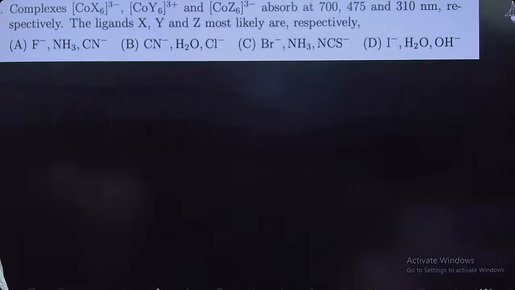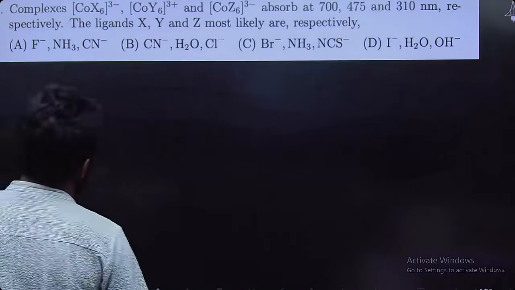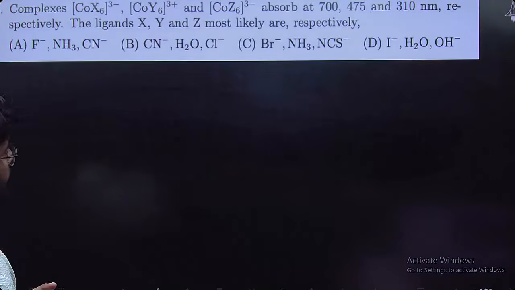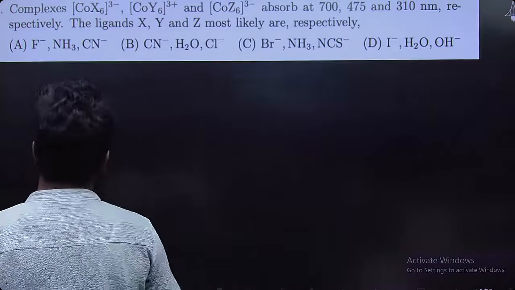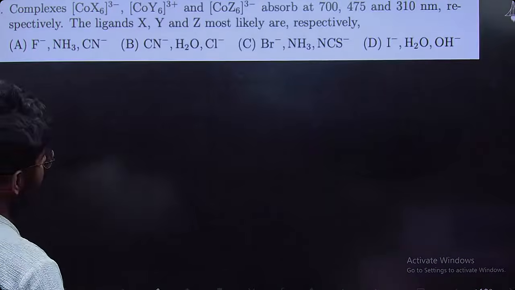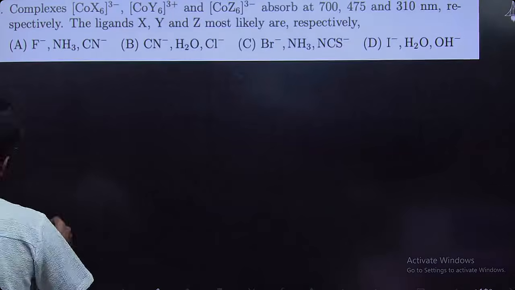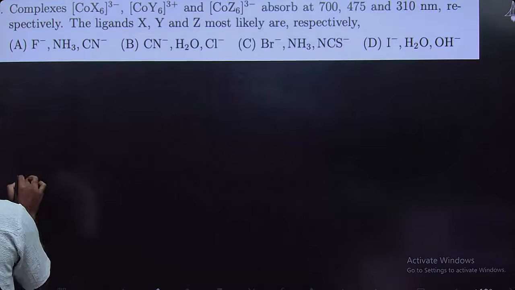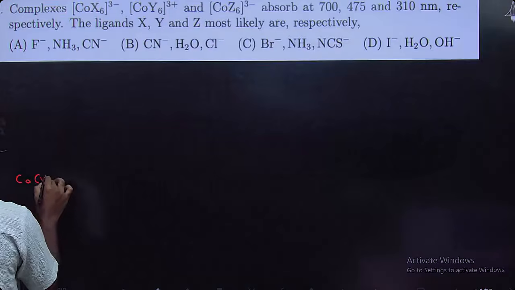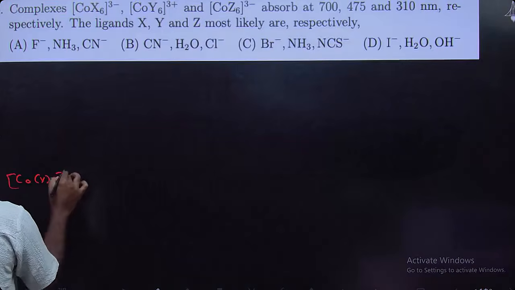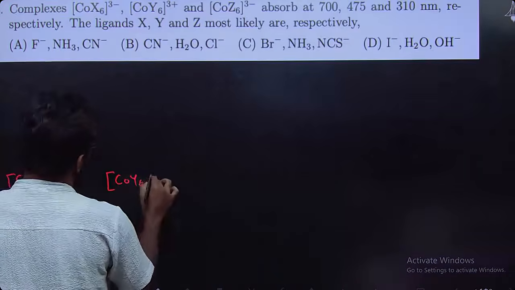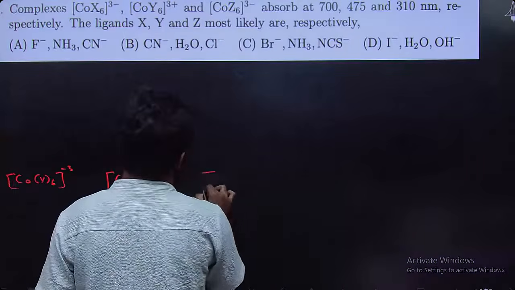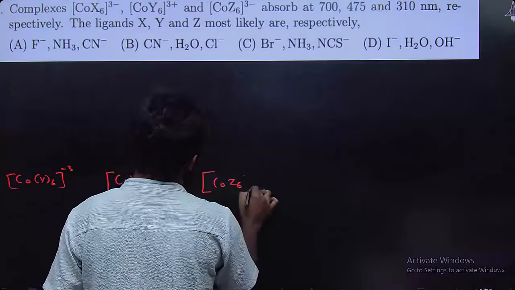Now the complexes CoX6 3 minus, CoY6 3 plus, and CoZ6 3 minus absorb at 700, 475, and 310 nanometer respectively. The ligands X, Y, and Z are most likely to be respectively what? It's very simple. All you have to do is draw the three complexes CoX6 3 minus, CoY6 3 plus, and CoZ6 3 minus.